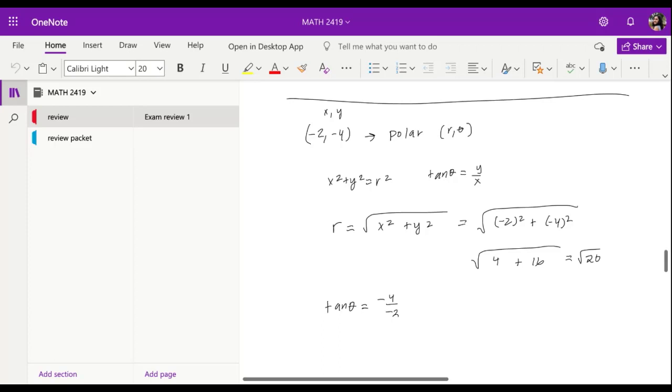You can leave it in this form because we don't know the exact arctan of 2. But do you think this is our final theta value, or is something missing? Maybe bounds.